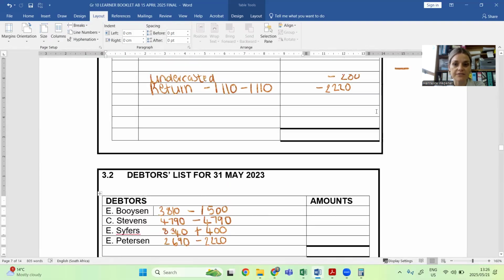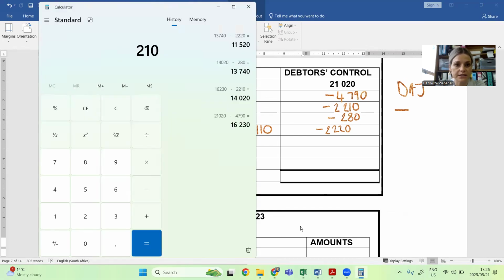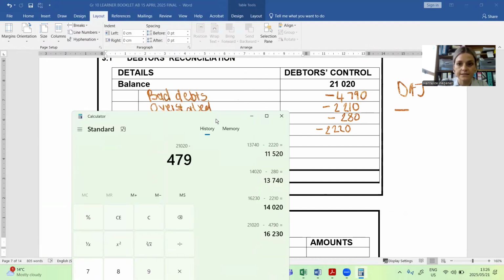So now we just have to add our totals. We started off with an incorrect debtors control balance. We then said that we had to write off bad debts, so minus. Also, we by accident overstated our sales. We actually had less sales, so minus that.